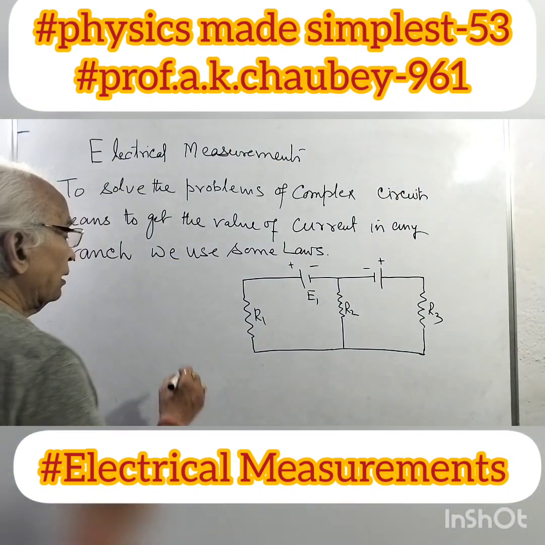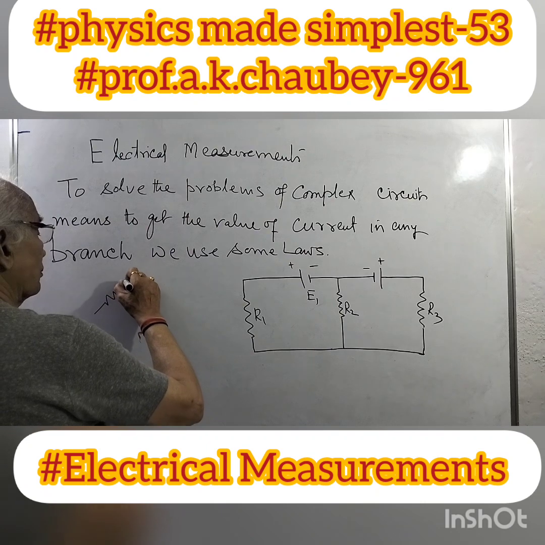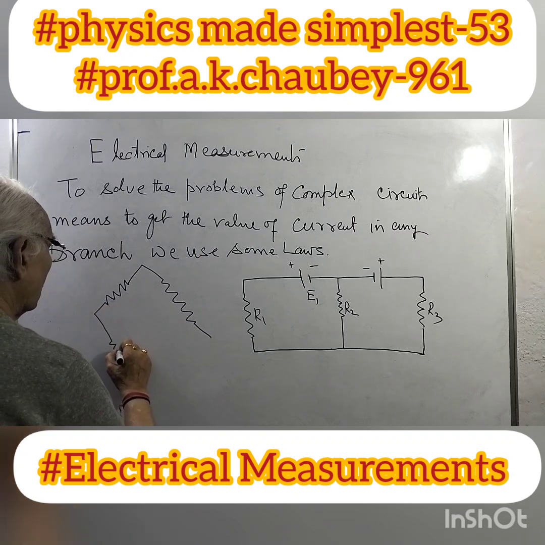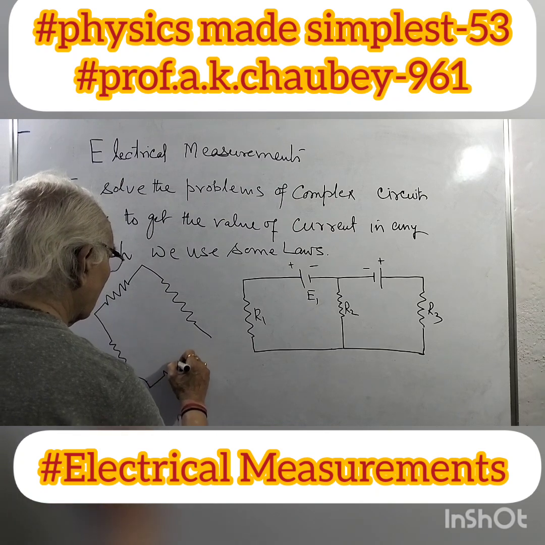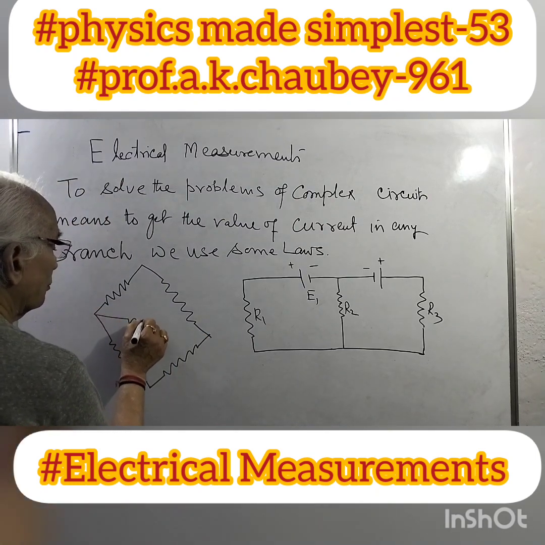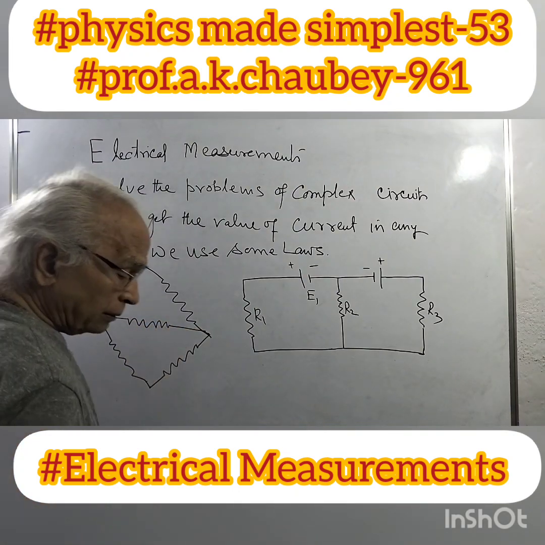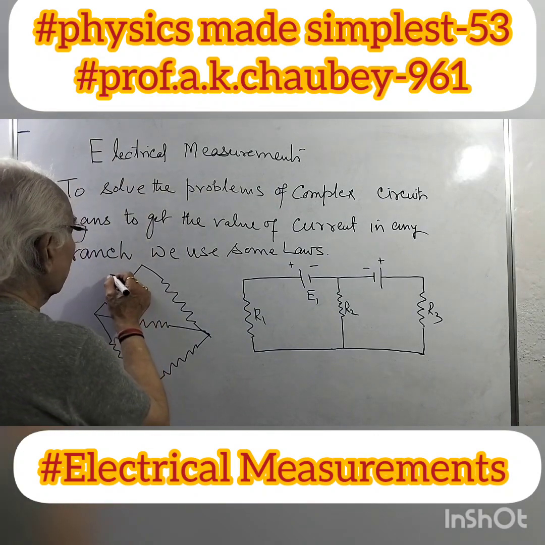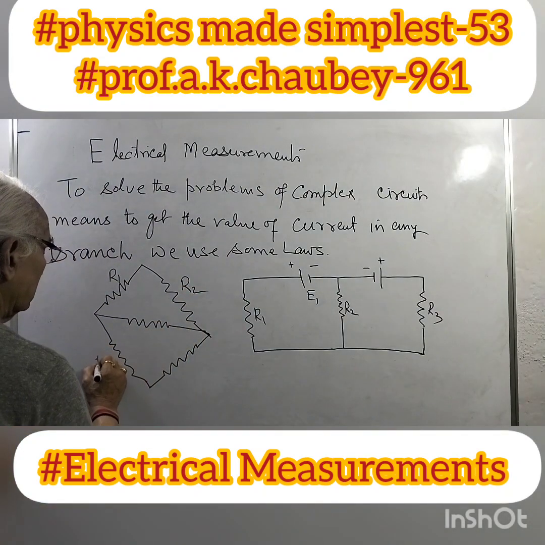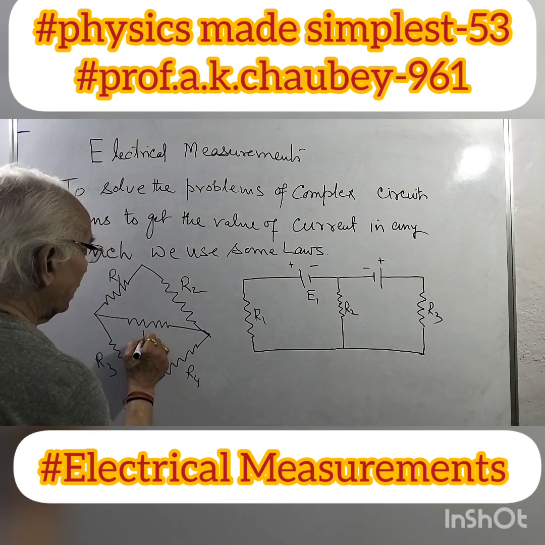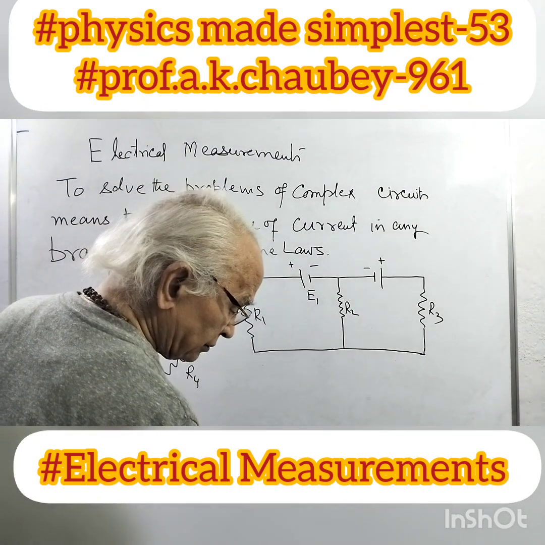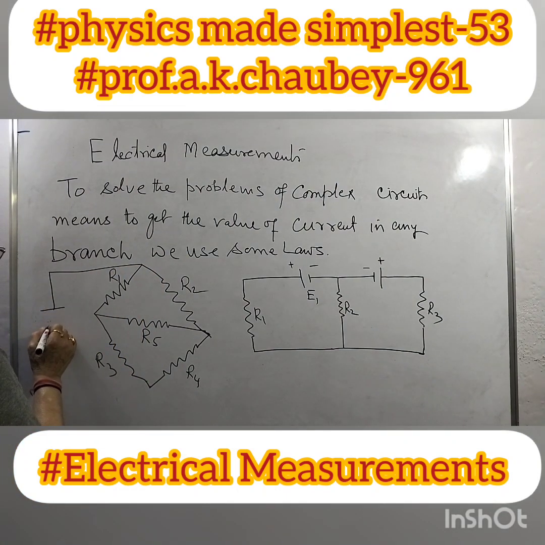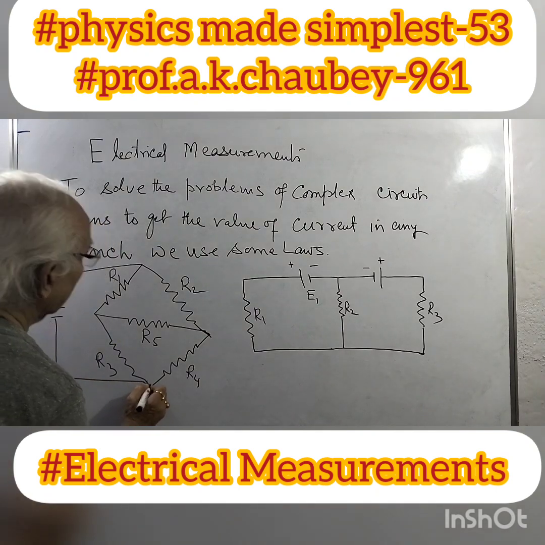Similarly, we have some other circuits. Say we have a circuit like this, with resistances R1, R2, R3, R4, R5, multiple resistances connected like this, and then a source of potential, that is the battery or the cell, connected here like this.